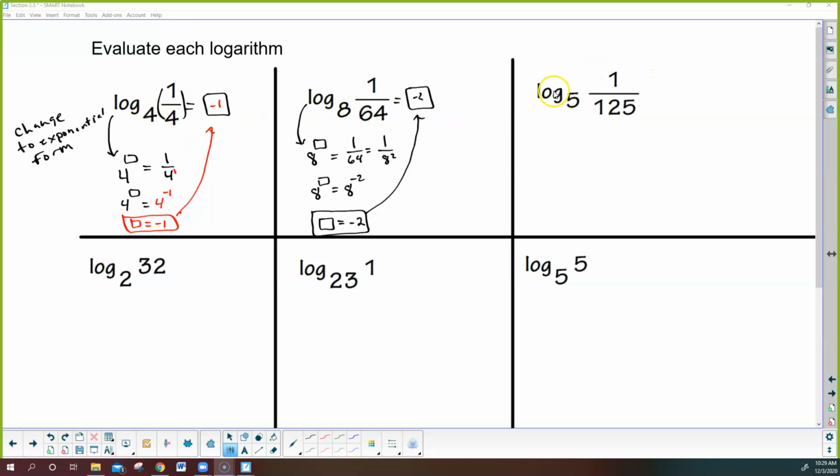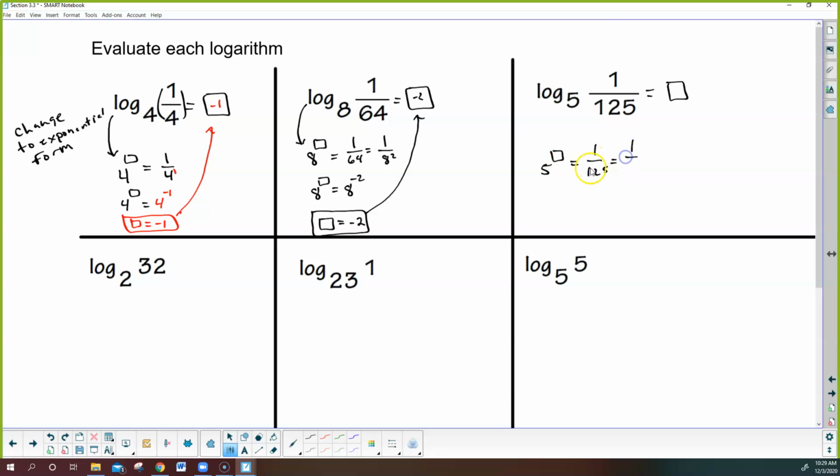All right, let's take a look at this. The log of 1/25 base 5. Well, that has to equal an answer, right? And what we're going to do is change it from log form to exponential form. So the base is 5, and the base 5 of the answer had to give me 1/25. Well, I have a base 5, and my goal is to turn this fraction into something that has a base 5 so the bases match.